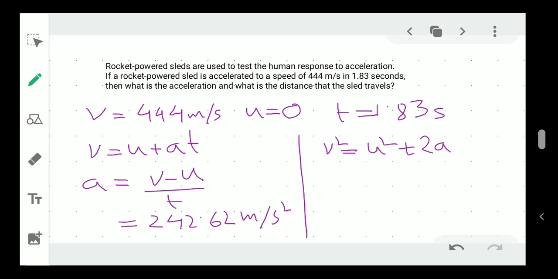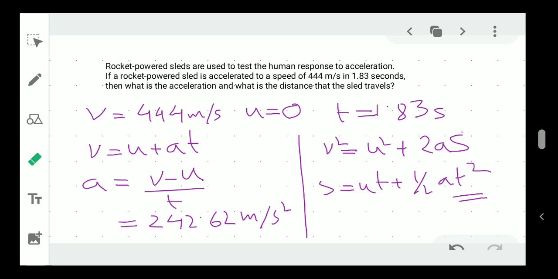So the acceleration is now known, and I use v square equal to u square plus 2ah, or 2as in this case. Displacement I have taken as s. Now you can ask me, sir, why are we not using the formula s equal to ut plus half at square? Because in most cases there is a square, and sometimes you will not have a calculator, so using t square will be a headache.